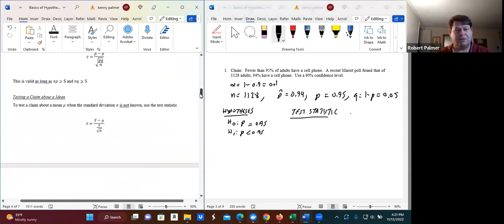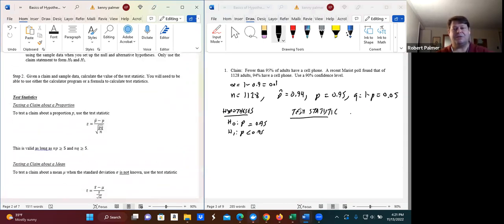For testing a claim about proportion, here's our test statistic right here. We're going to use a z. So that's going to be z, and just fill everything in. Our p hat, our sample proportion, is 0.94, minus our population proportion, the one that's assumed in our null hypothesis, which is 0.95.